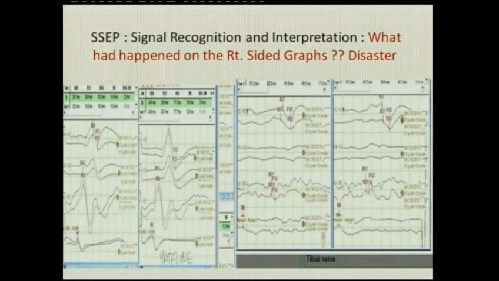But what happened here? All the potentials lose their morphology, they are longer in latency and lower in amplitude. This is the time when the whole team, the anesthesiologist, the neurophysiologist, and the surgeons, should jump in and try to recover the potentials. So this is very easy to recognize, and you can make immediate reactions.